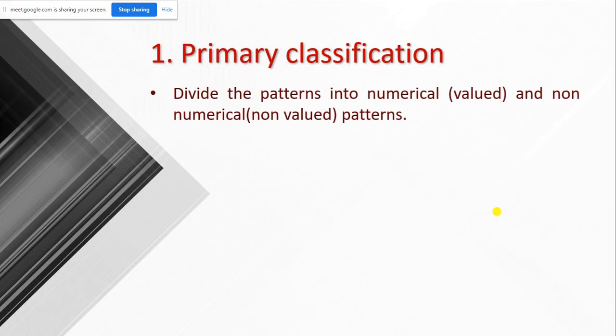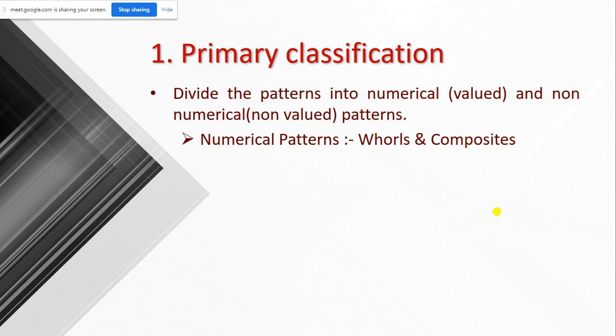What happens in primary classification is you are dividing the patterns into 2 categories. One is the numerical or the valued patterns, and the second is the non-numerical or the non-valued patterns. So whenever we have whorl or composites present in any finger, that pattern is given the value of 1, which means that it is a valued pattern.